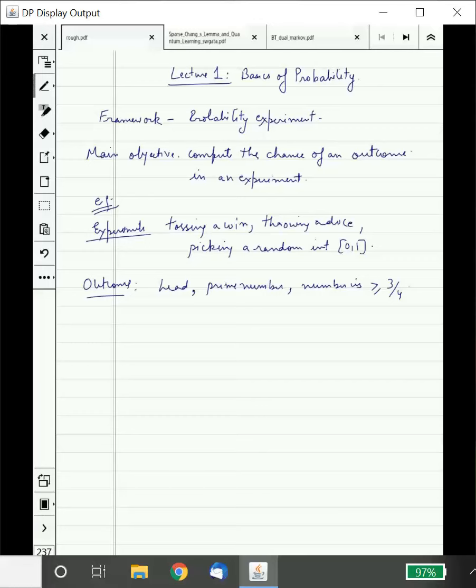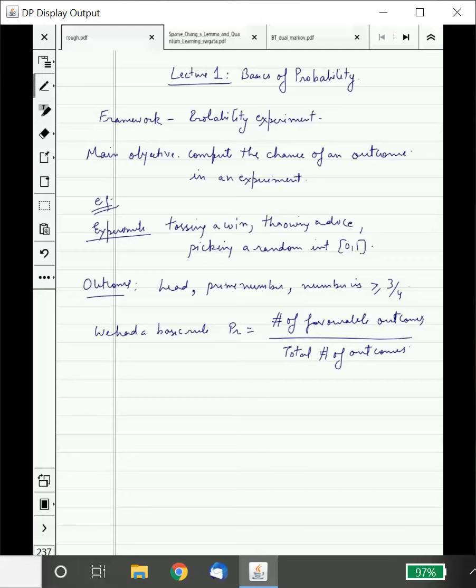And in high school, we had a very basic rule which said that the probability is equal to the number of favorable outcomes divided by the total number of outcomes. And most of the questions were solved applying this formula. What we need to do is to define the words in this formula more precisely.